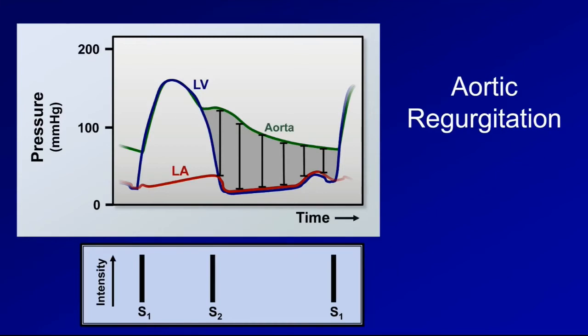Although there is always a gradient between those two compartments during diastole, only in aortic regurgitation is there actually backwards movement of blood. As you can see, during the course of diastole, as the blood flows backwards from the aorta into the LV, the pressure in the aorta decreases, and thus the pressure gradient also decreases. This shape is known as decrescendo. Here it is again.